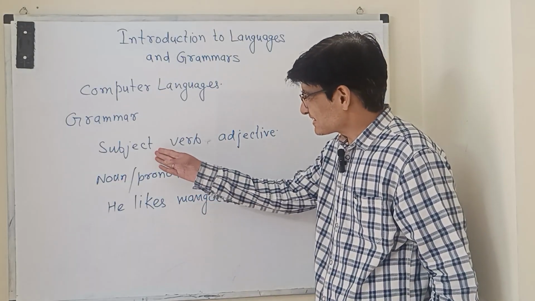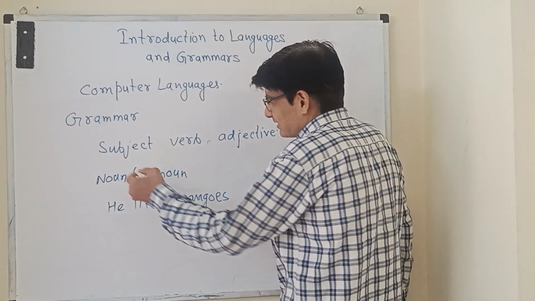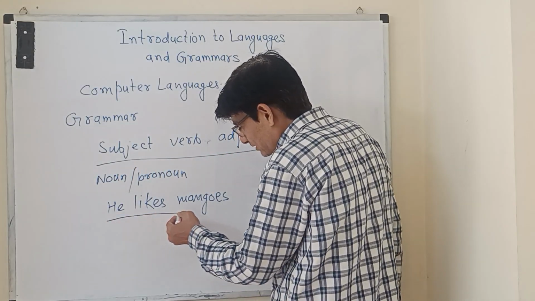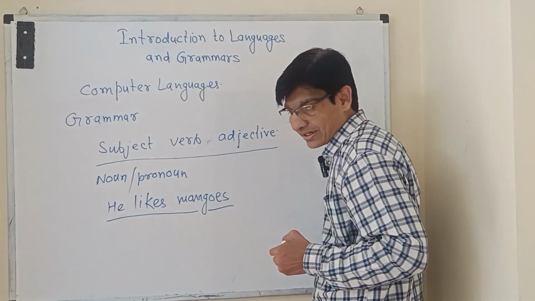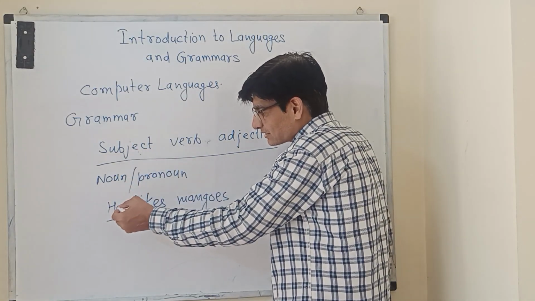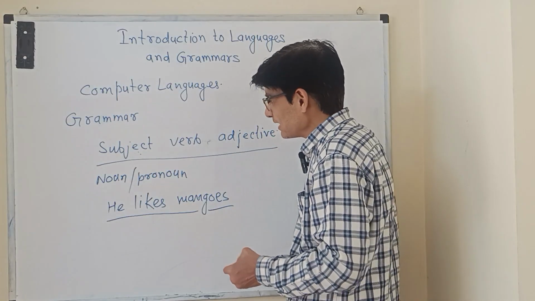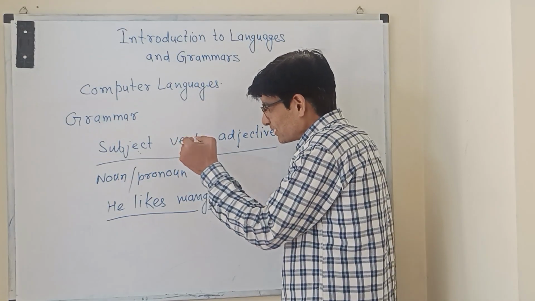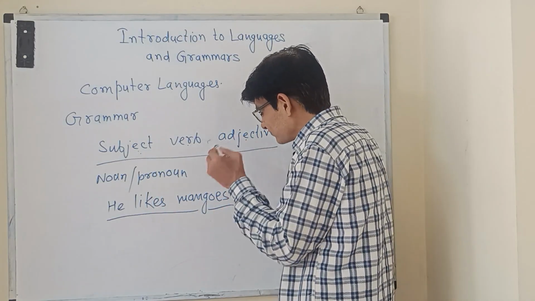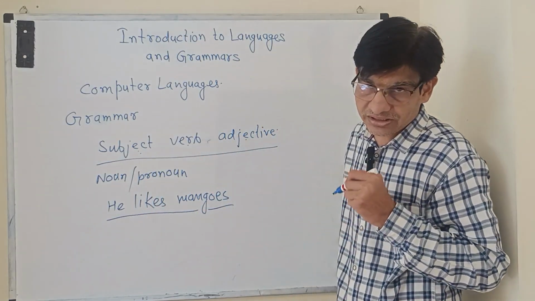This is the grammatical rule for the English language, and this is a particular sentence of the English language. Here we are replacing subject with some particular noun or pronoun, verb with some particular verb, and adjective with some other words.